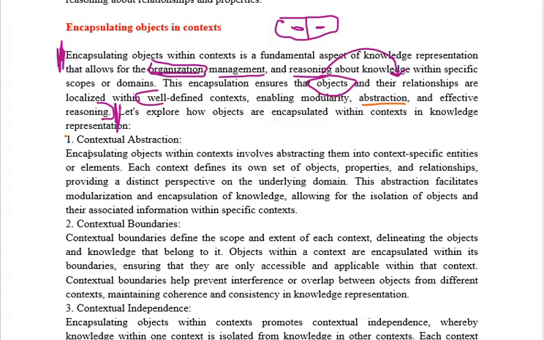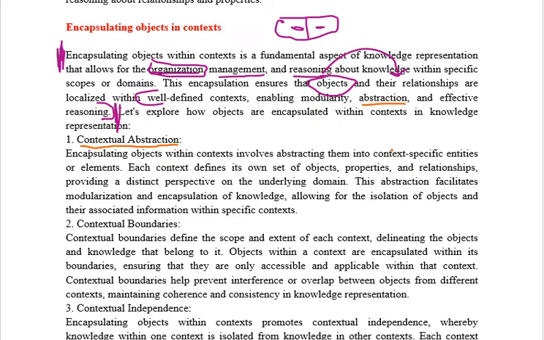So now let's first understand what the contextual abstraction is. Encapsulating objects within the context involves abstracting them into context-specific entities, or we can say elements. So it is a contextual abstraction.